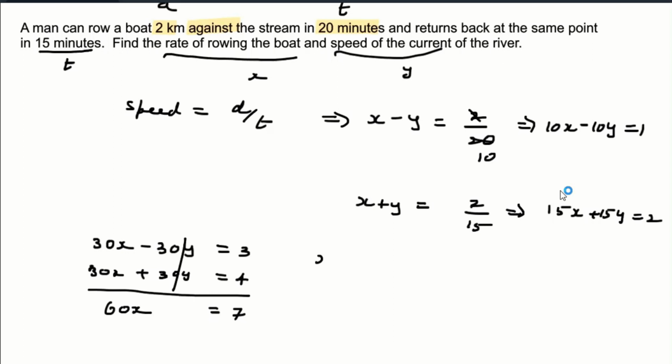So x is 7 by 60. But what is x? It is the speed of the boat. It is kilometer per minute. So I can convert, which is 7 kilometer per hour. So when x is 7 kilometer per hour, what can you say about y?